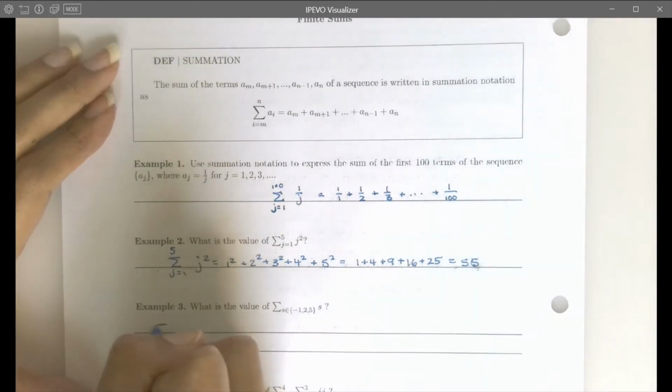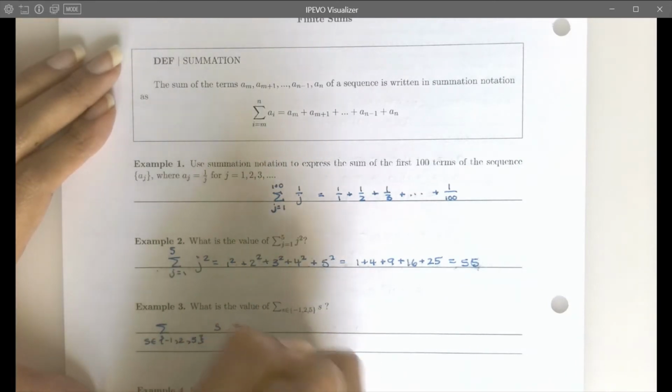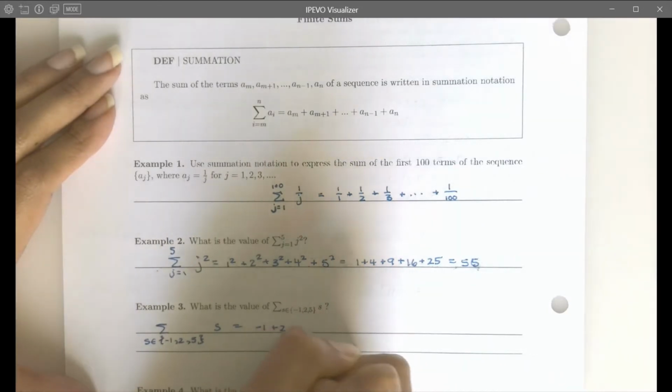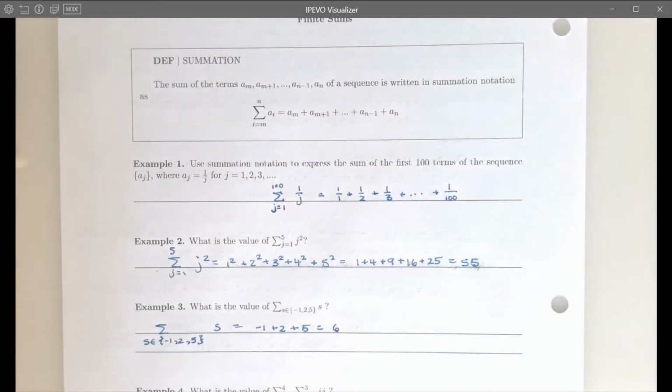So we have the sum of -1 plus 2 plus 5, and here we're going to have a final answer of 6.